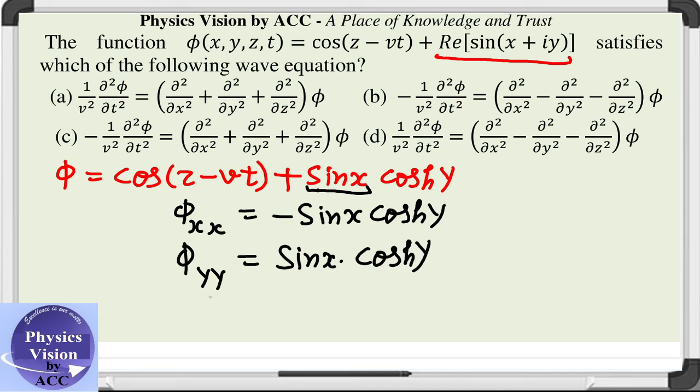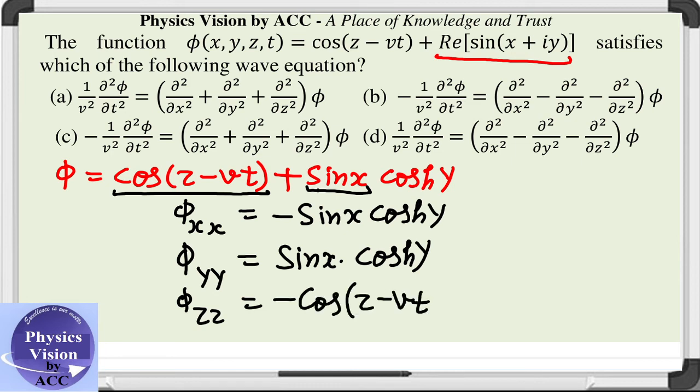The third part is the derivative with respect to z. It will be in the first term, and the derivative of cos is minus sine, and of sine is cos. So it gives us the value as minus cos of z minus vt.